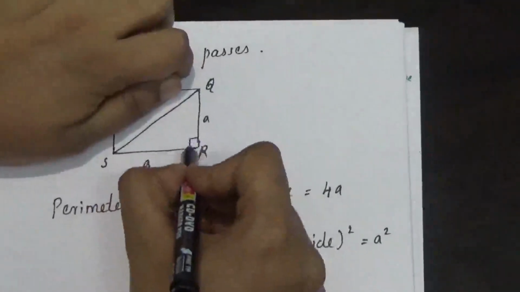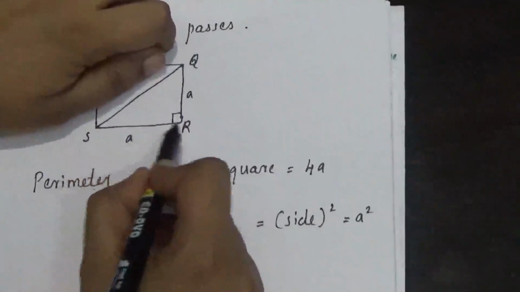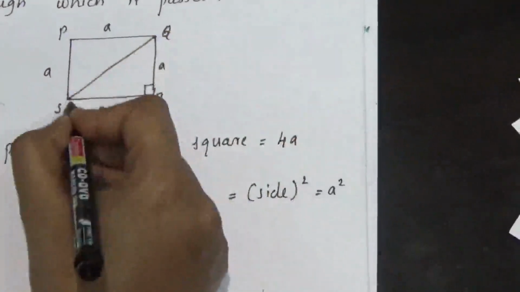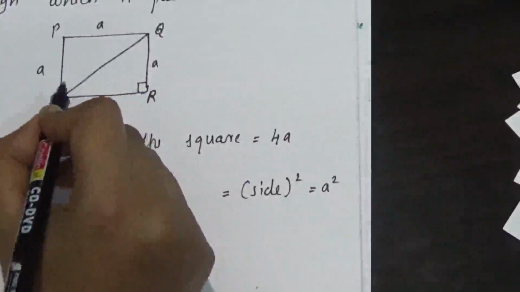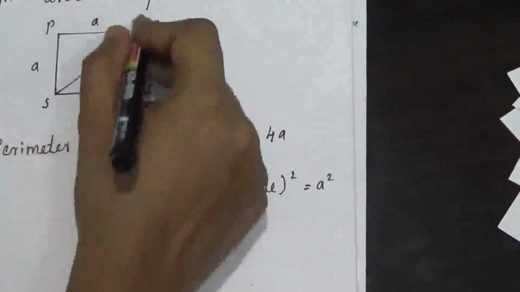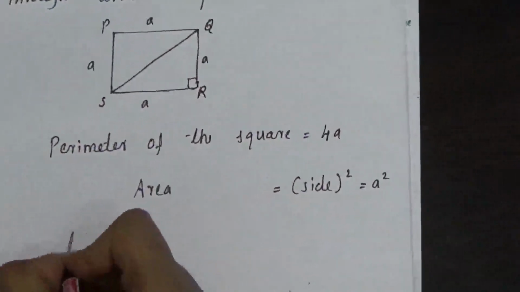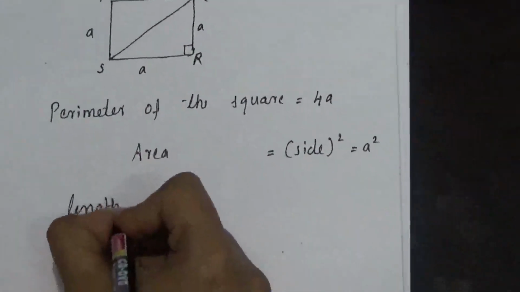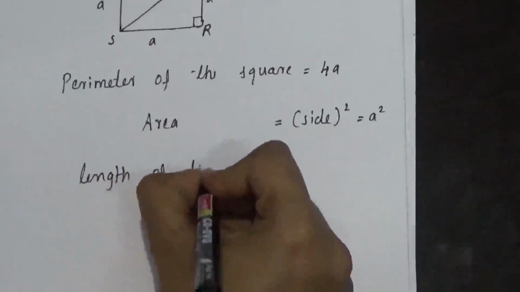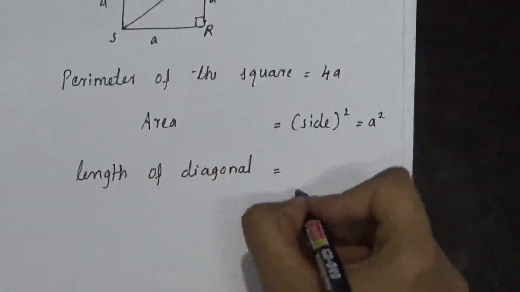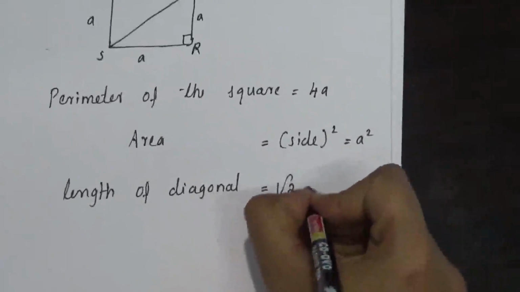Because this angle is 90 degrees. This side is A, this side is A. So then the diagonal will be root 2 times the side of the square. So that is the length of the diagonal. Length of diagonal is equal to root 2 A.